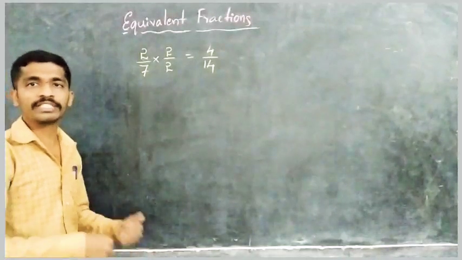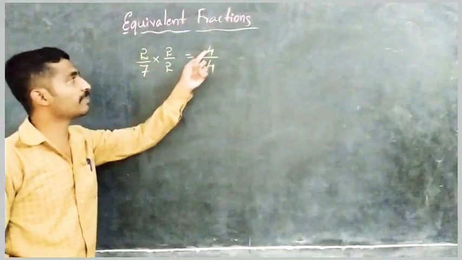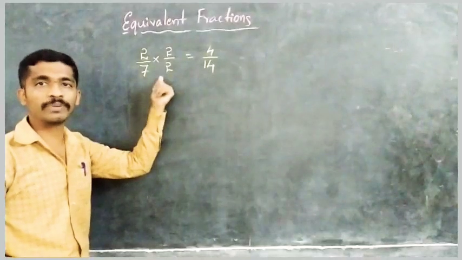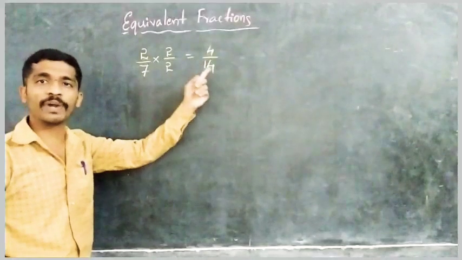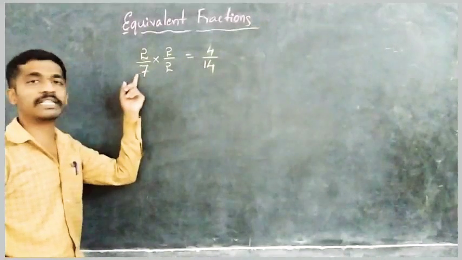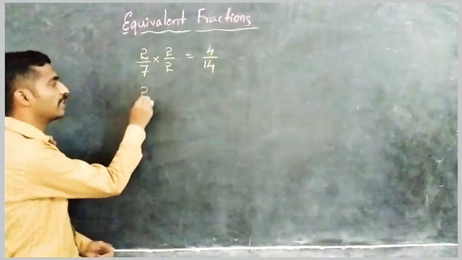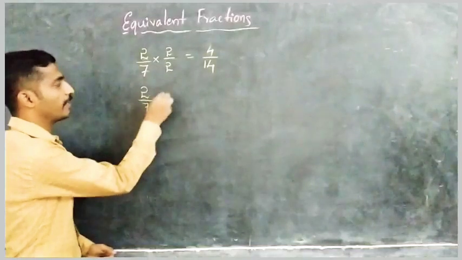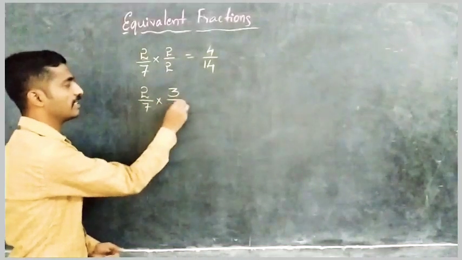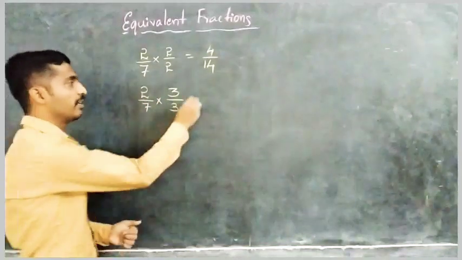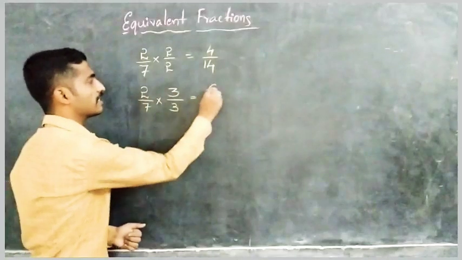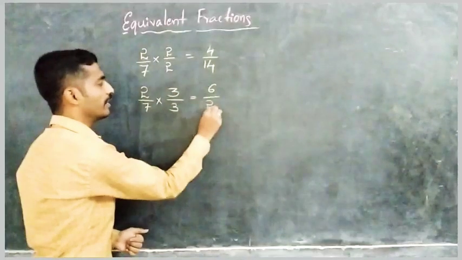If you want to recheck it, just divide it by 2 by 2, the way you multiplied. Again you will get 2 by 7. This is one equivalent. Like that, you can write 2 more equivalents. I will multiply by 3 by 3. So 2 3s are 6, 7 3s are 21.